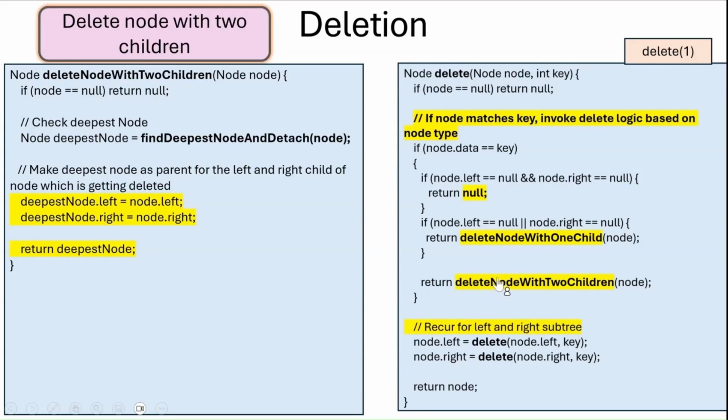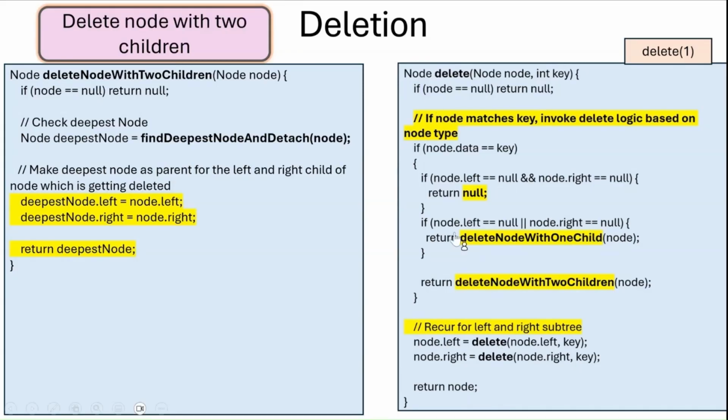So we got node 5 and we are assigning the left of node 1 as node 5. And for the right, we go and check the right subtree to see if there are any other nodes with value 2. If not, then we return node 1. So you can see how we change the structure of the tree very easily.